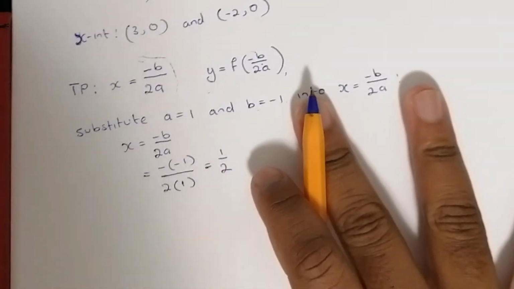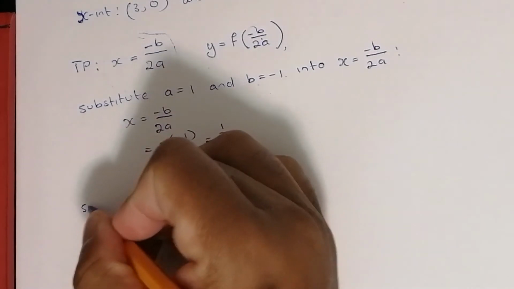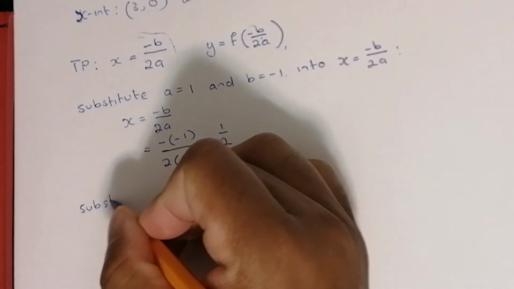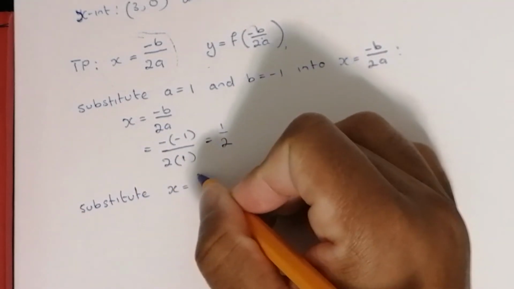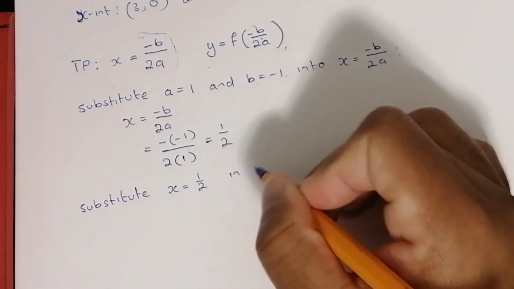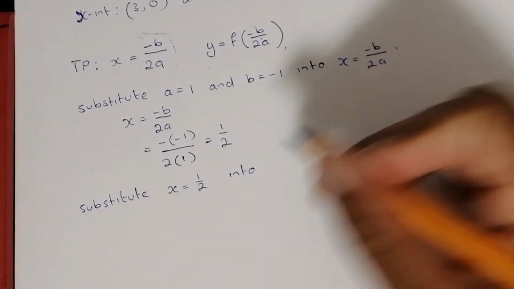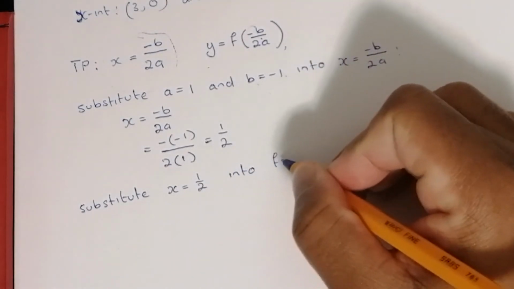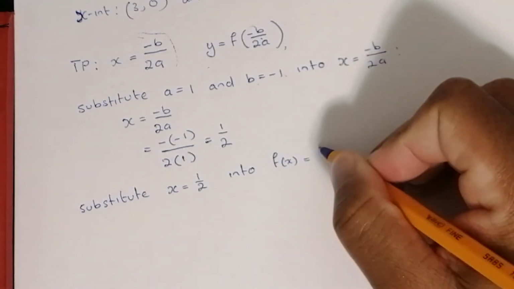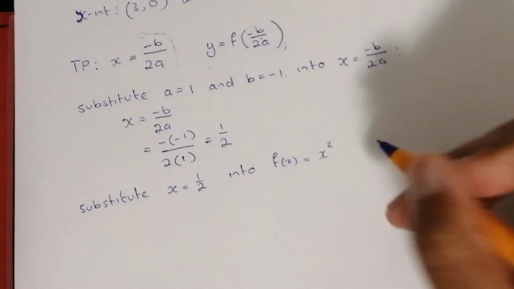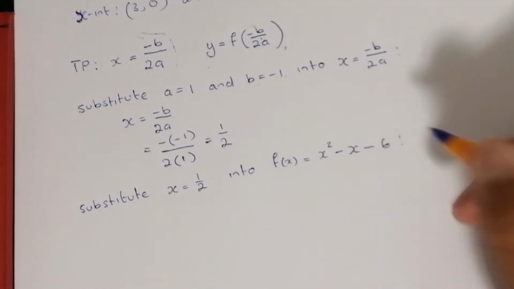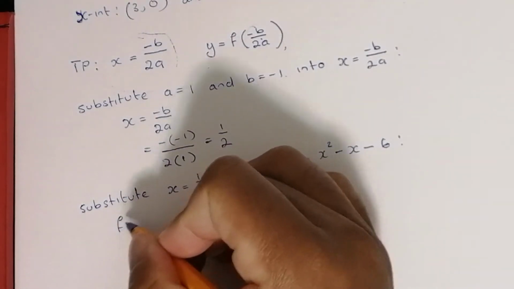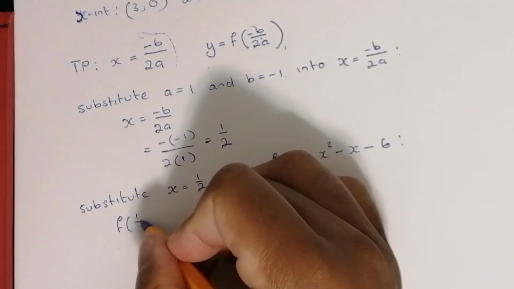Right, so to do that, I'm just going to write: substitute x equals 1 over 2 into f of x equals x squared minus x minus 6, and that is f of 1 over 2.